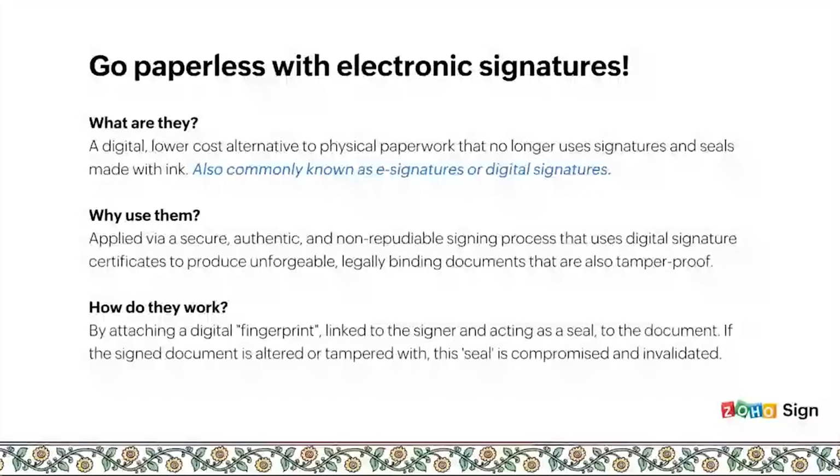So, what are electronic signatures? Electronic signatures, also often referred to as digital signatures, are a modern alternative to traditional handwritten signatures. Digital signatures are reliable, provide enhanced security, and can't be tampered with easily like handwritten signatures. They use digital signature certificates that have the identity of signers linked to them, making them more secure.